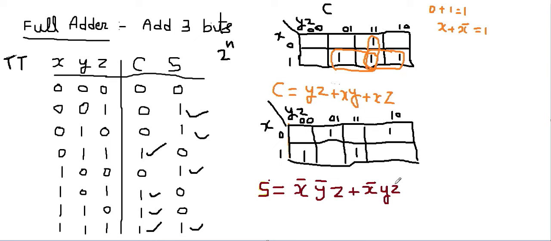Now again for this one, x is 1 and y and z are 0, so we will write x, y complement and z complement. And then we will add, because we have left out this minterm, since these are the minterms. Here all the variables are 1, so we will write x, y and z.